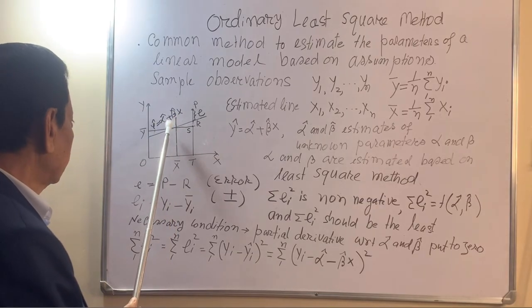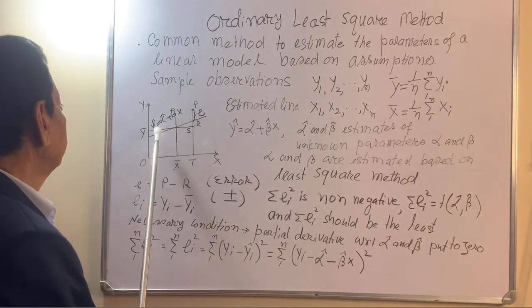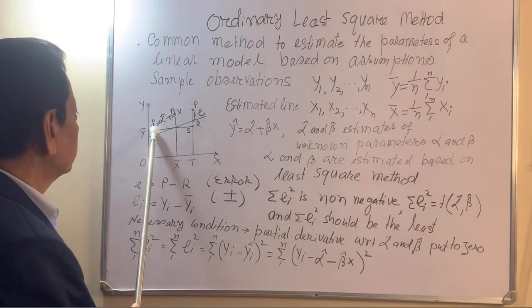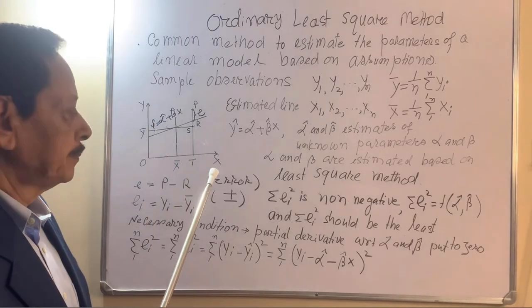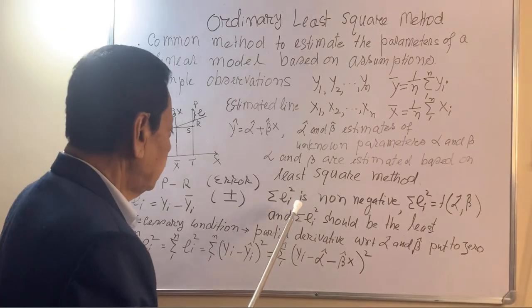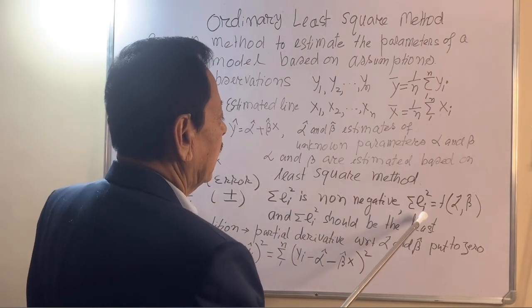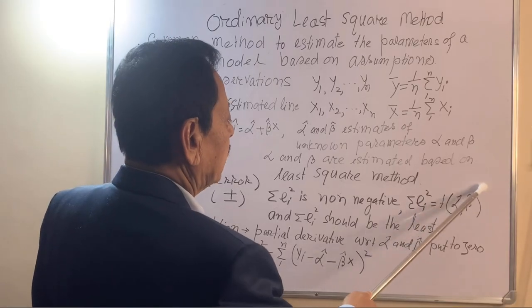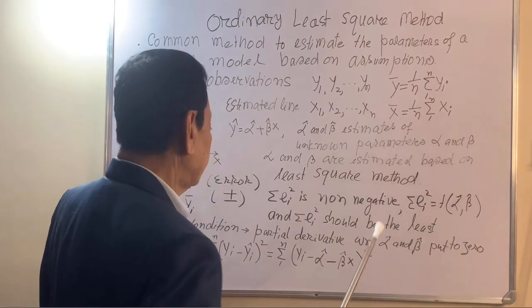So when alpha and beta change, necessarily estimated y will change, and it will affect the error. So sum ei square is non-negative, and sum ei square will be influenced by the values of estimated alpha and beta.